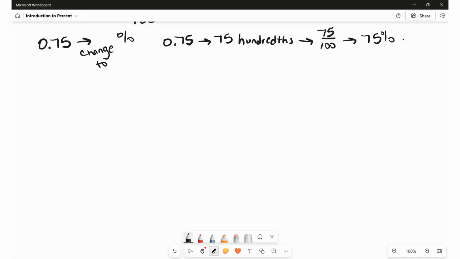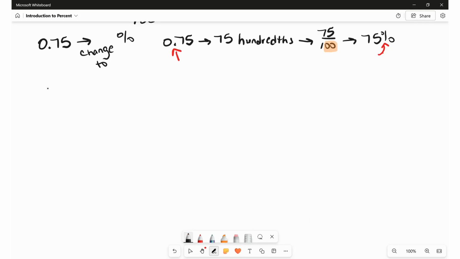The neat thing here is that 100 has two zeros, which means that we are going to move the decimal two places.